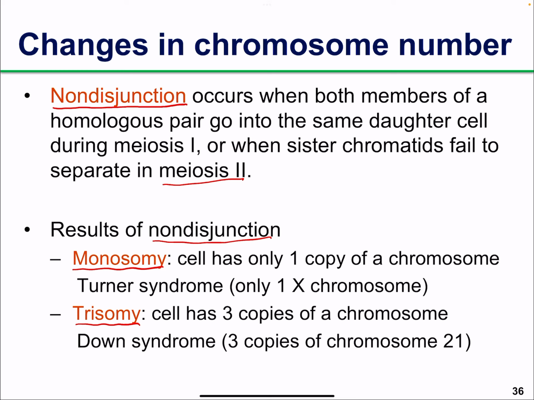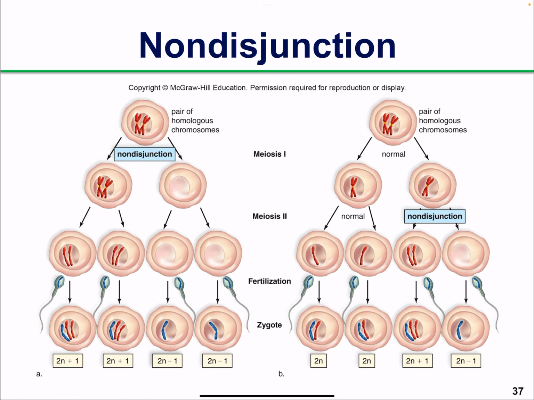While trisomy means that the gamete has an extra chromosome, right? One example that we know is trisomy 21, right? Which is responsible for Down syndrome, right? We are going to address some examples of monosomy and some examples of trisomy.